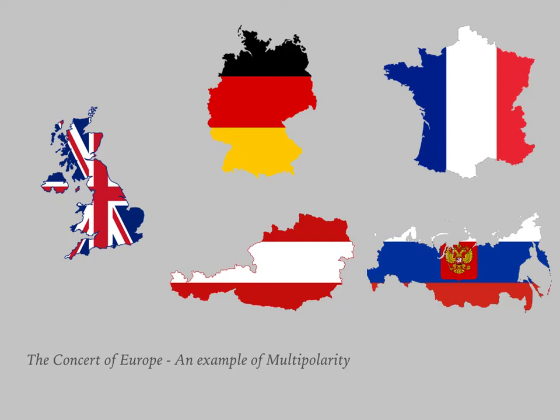So here's the example that classical realists point to as an example of multipolarity. This is the continent of Europe in the years leading up to World War I. You have 5 countries of equal power: England, Germany, Austria, France, and Russia. And in this, Germany and Austria were allied, and France and Russia were allied.